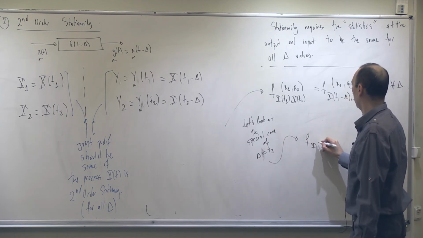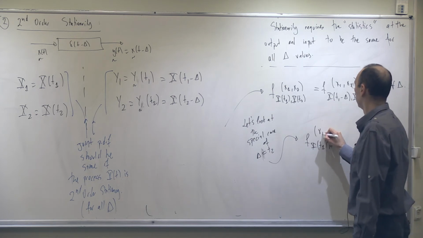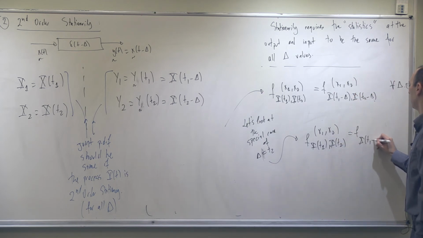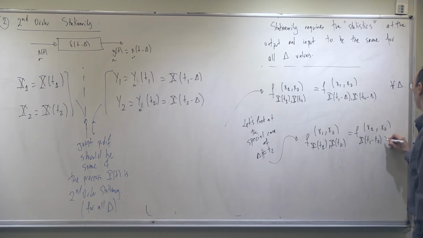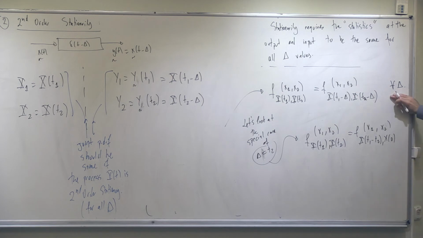Then this should be equal to then T1 minus T2, x1, x2, x of 0. Am I right? If delta is equal to T2, let me write the delta bigger. So this is just a special case, as you see. So when delta is equal to T2, I substitute over here. If the process is indeed second order stationary, it has to satisfy this one.